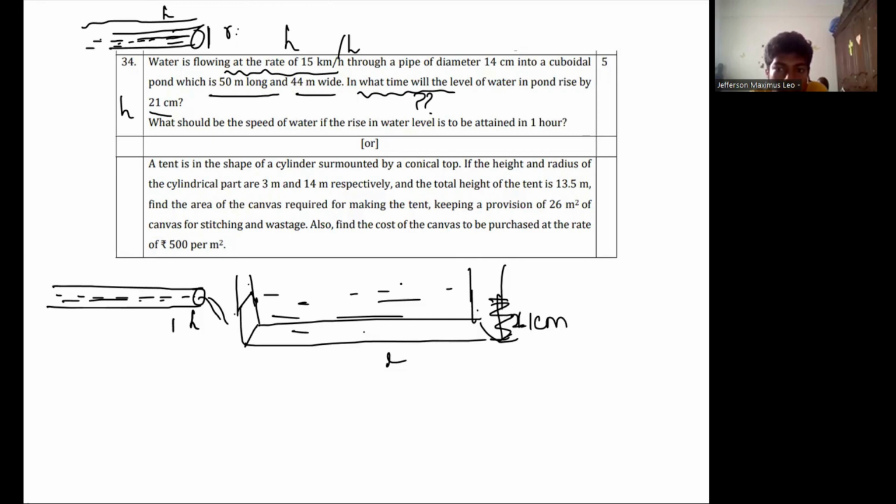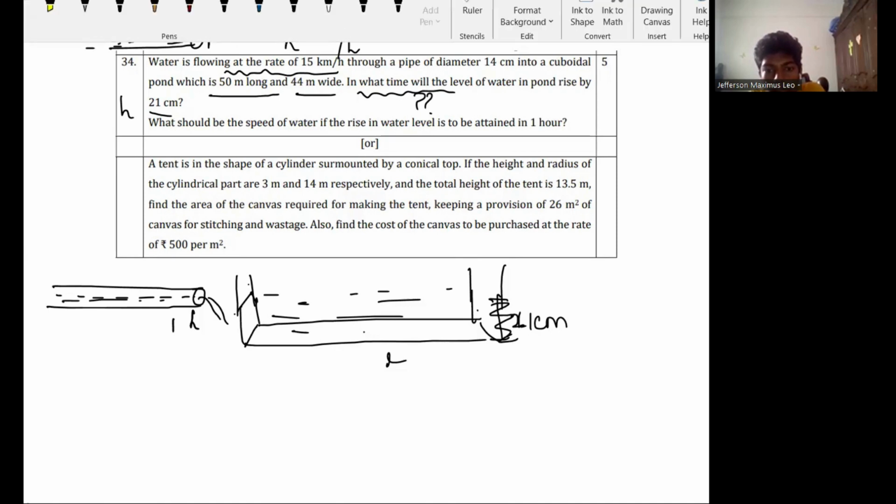So what you need to understand is that the water flowing through the pipe in 1 hour is equal to the volume of the cuboidal tank with the height 21 centimeter. Whatever amount of water flows through your pipe in 1 hour is collected in the cuboidal tank or cuboidal pond.